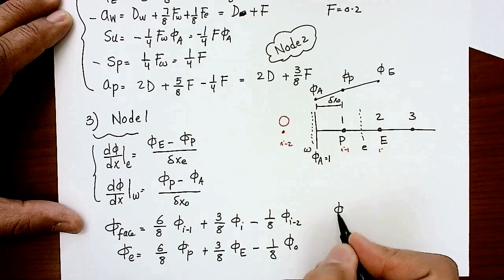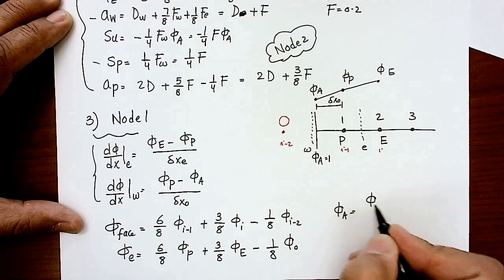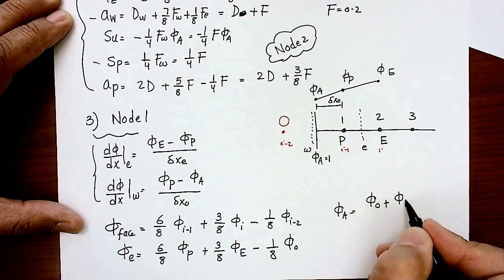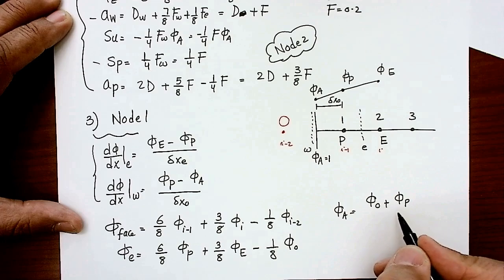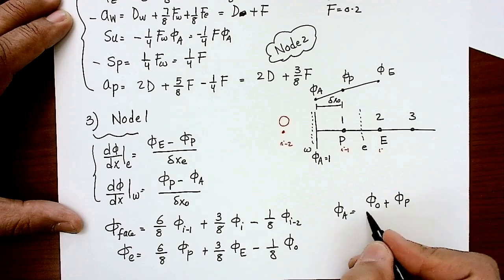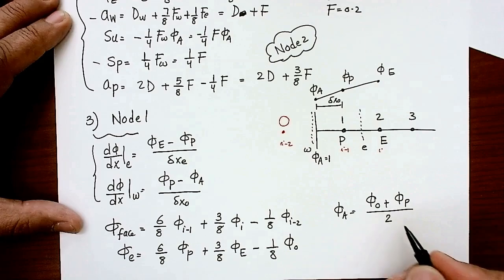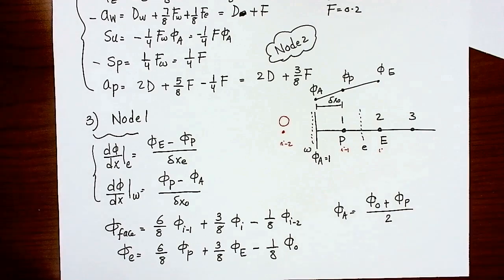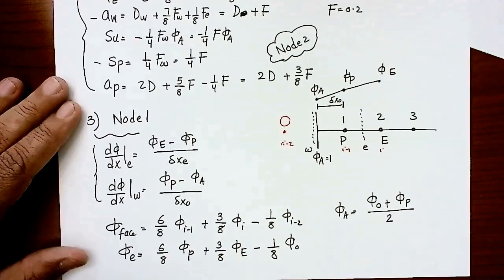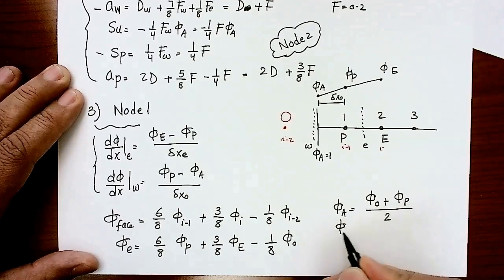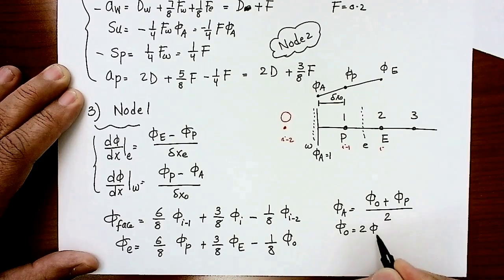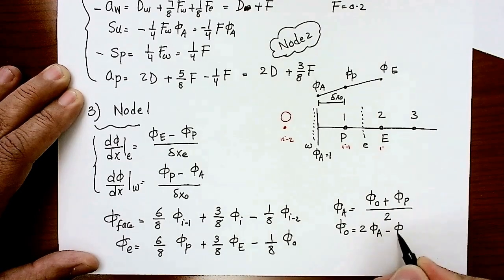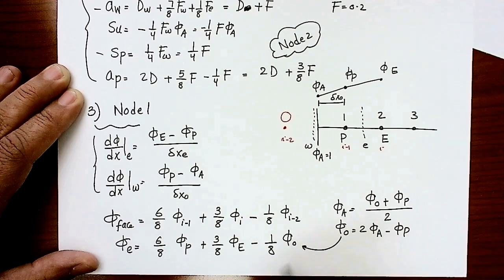And we said that phi of the face A is an average of phi O plus phi P divided by 2, right? That's what we approximated the function with. So I can write down that phi O is simply 2 phi A minus phi P. Then I'm going to substitute into this equation.